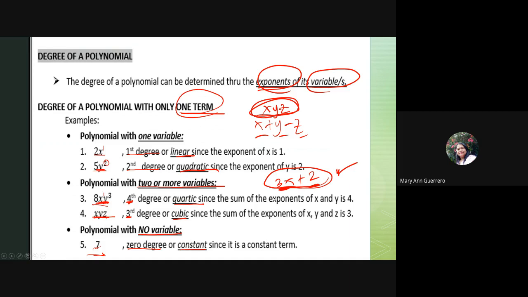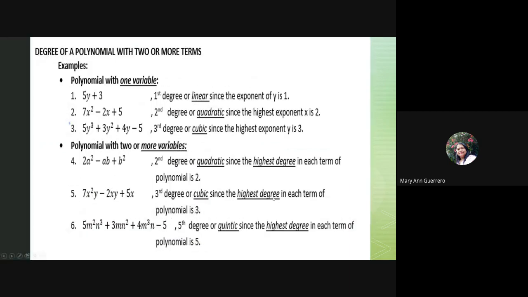Okay? So, for polynomial with 2 or more terms, polynomial with one variable, just like this, gagawin lang natin, alamin natin yung degree ng bawat term. Degree ni 5y, diba 1? Degree ni 3, diba 0? So, ano yung mas mataas? 1. So, first degree. Linear.